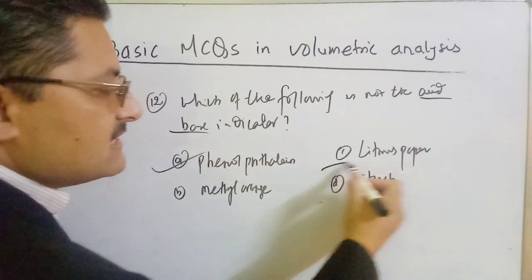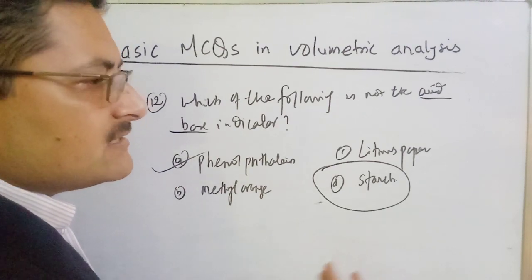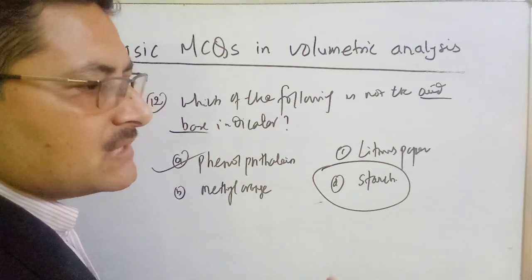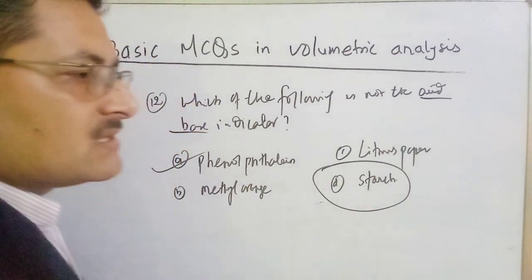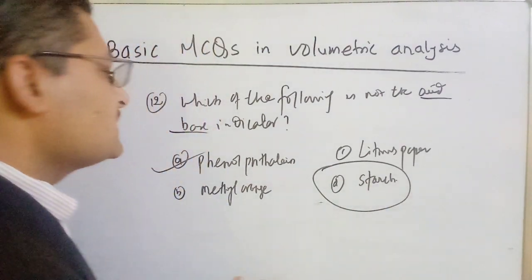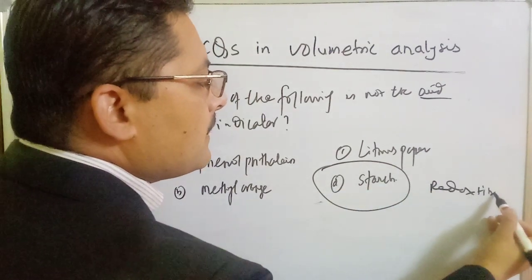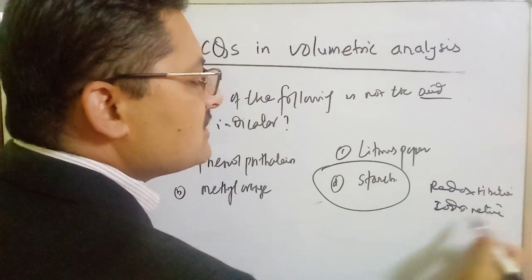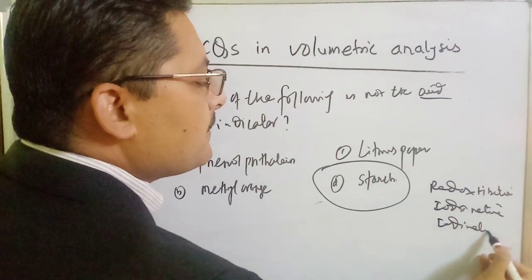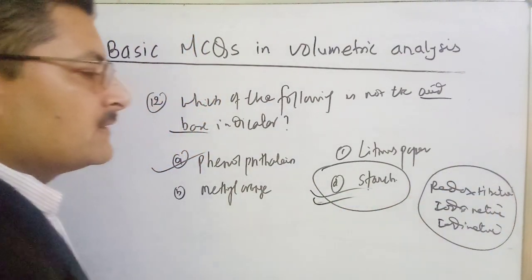But starch is a substance that is used in iodometric titration because starch forms a complex with iodine and it gives blue. So it is used for iodometric titration and not as an acid-base indicator. It's a redox titration, or we call iodometric or iodimetric titration. In such kind of titration we can use starch as an indicator.